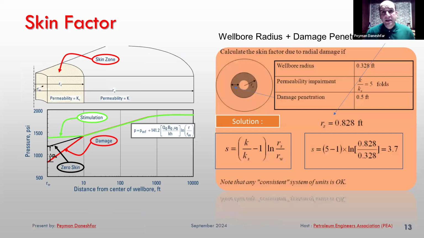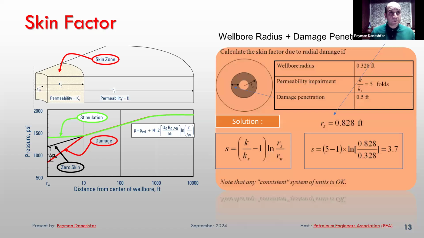You can see that again in a formula, just for the biggest slide. Sometimes in a formula, we should consider the radius of damage when we want to use it in our formula, because the client maybe tells us about 1 meter from the wellbore.